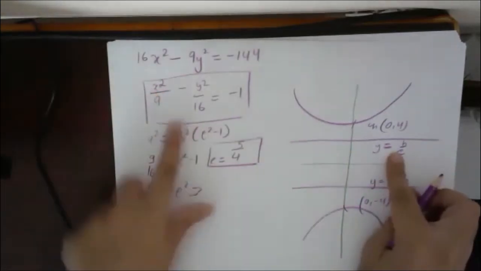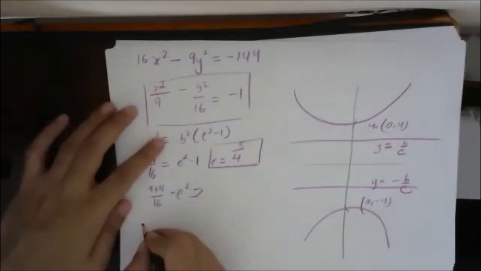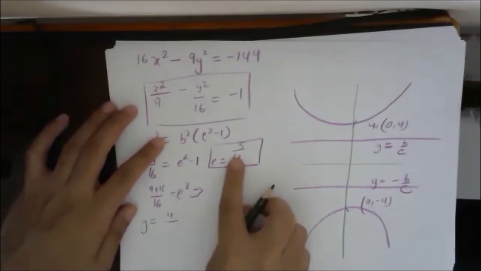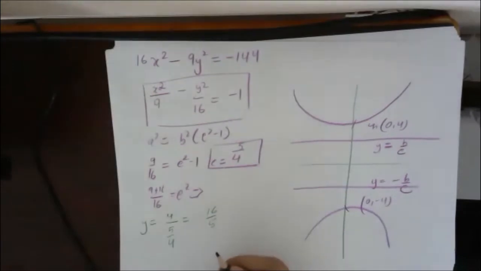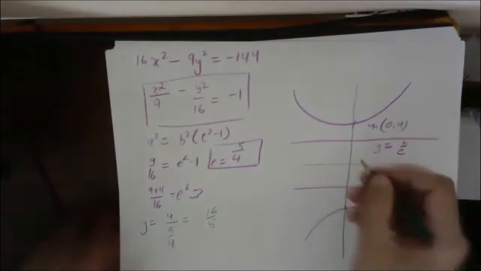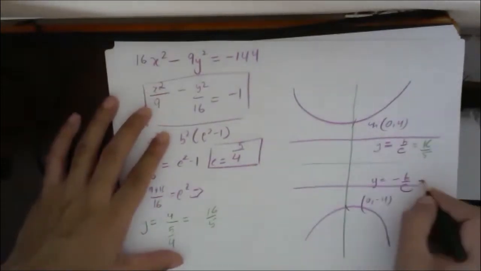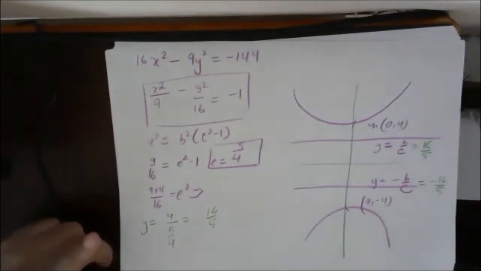B is 4, and e is 5 by 4. So simply the directrix becomes 16 by 5. The directrix becomes plus minus 16 by 5. So this is y is equal to 16 by 5, and this is y is equal to minus 16 by 5. Correct?